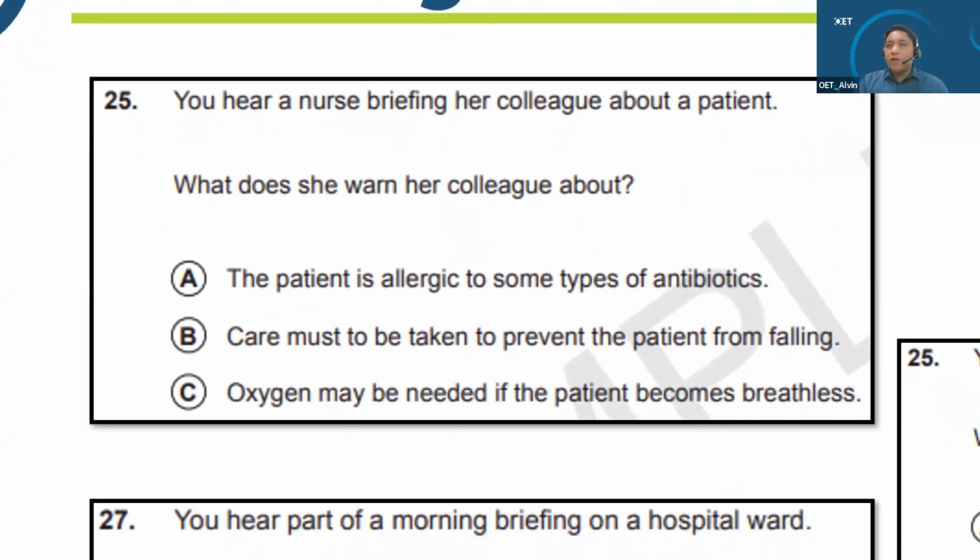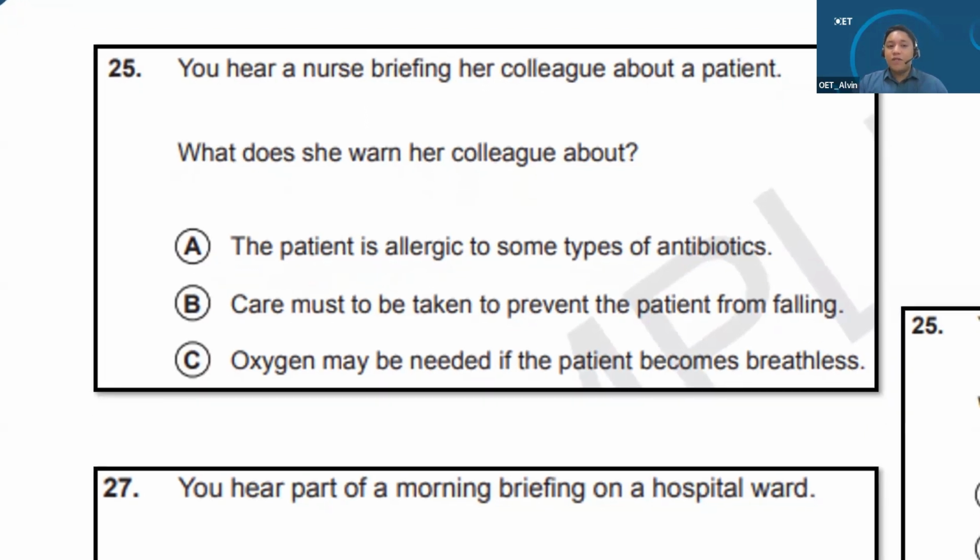One typical pattern is that you get the context sentence. When you say context sentence, it's like you hear a nurse briefing her colleague about a patient. It's a little bit of background about the question. And the next is the question. It could be a WH question, or it could be a sentence that is not complete.